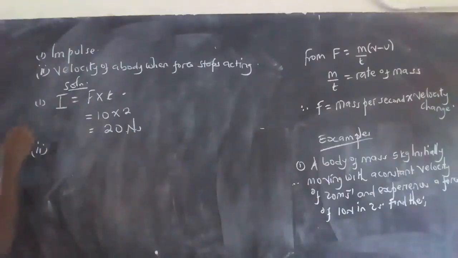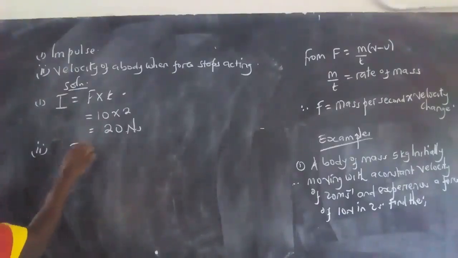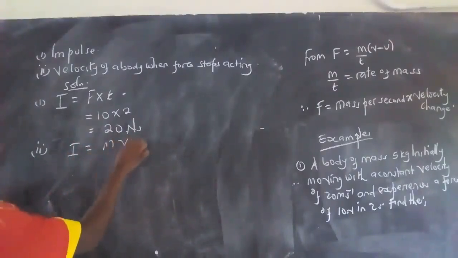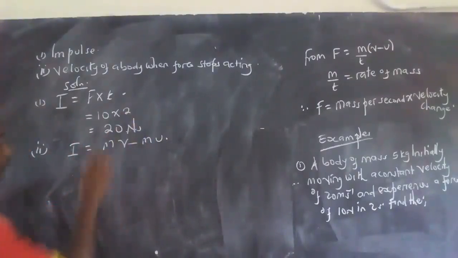Part 2: the velocity when the force stops acting. We know that impulse is equal to mv minus mu.